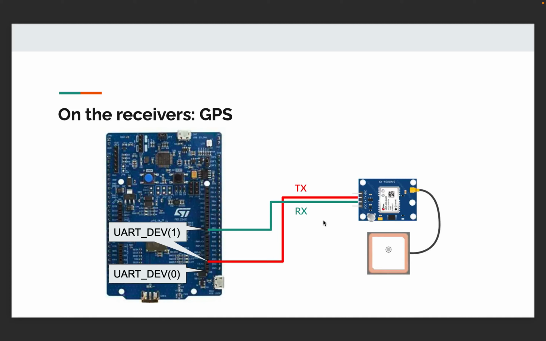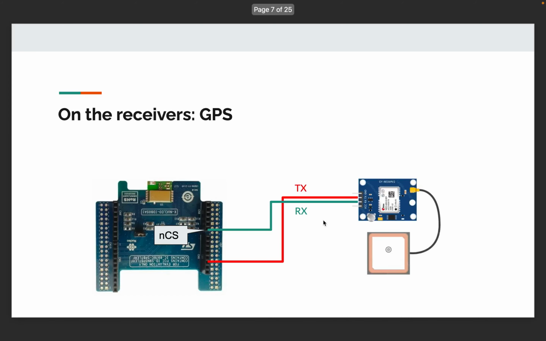Talking about the receiver, we can see how we connected the communication with our GPS, in particular using the second UART interface, but we have the following problem.